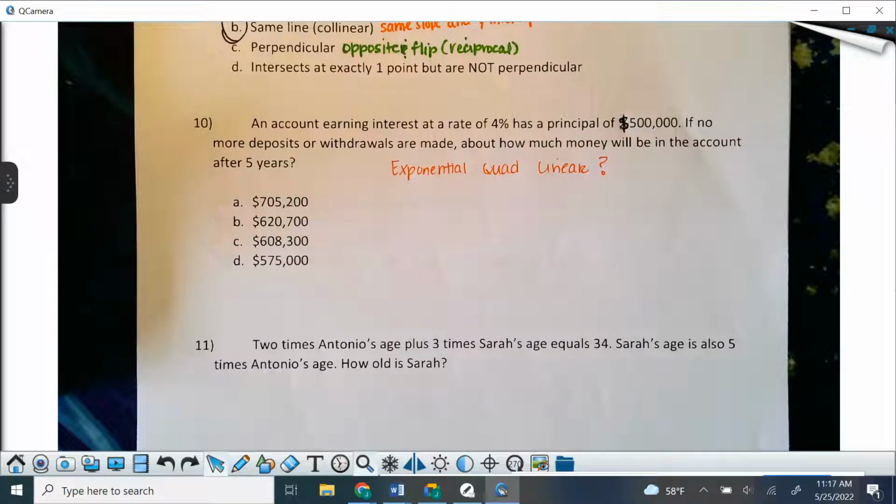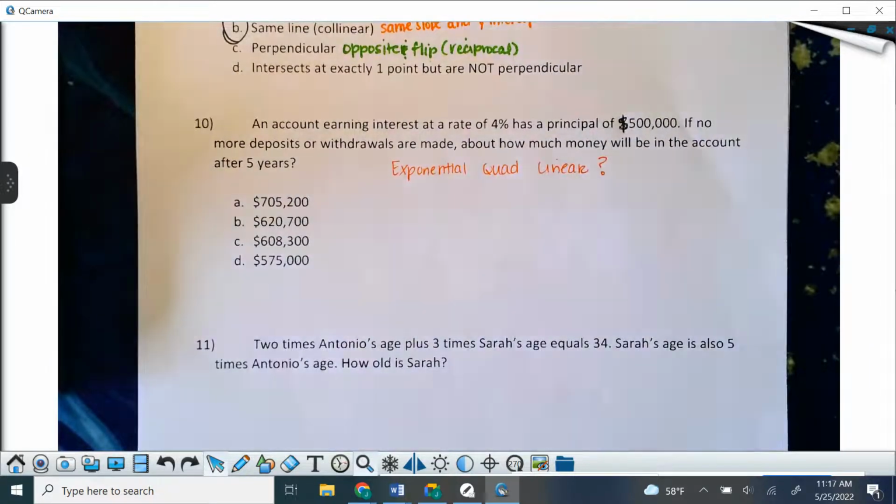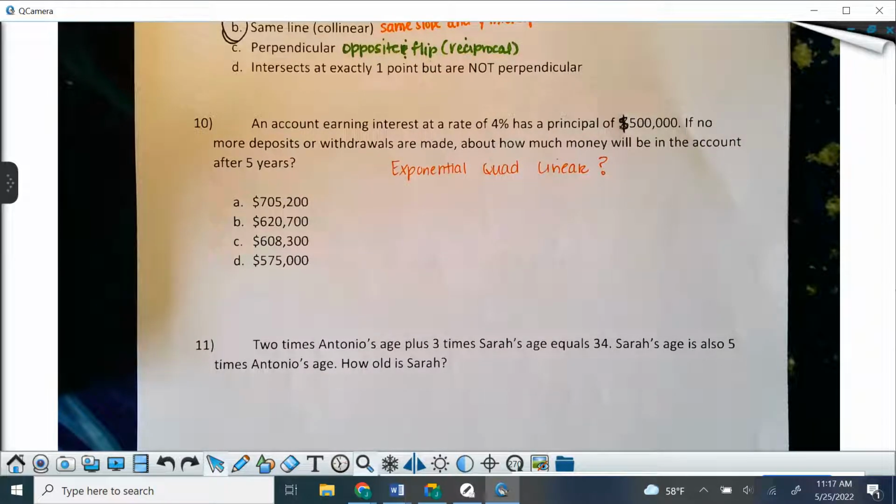Is that a positive quadratic? Or is it a positive linear? So if I add 4% to the amount I have every year, will it be the same amount every year that I gain? No, because I'll have more. Once it earns 4%, then that number is bigger, right?